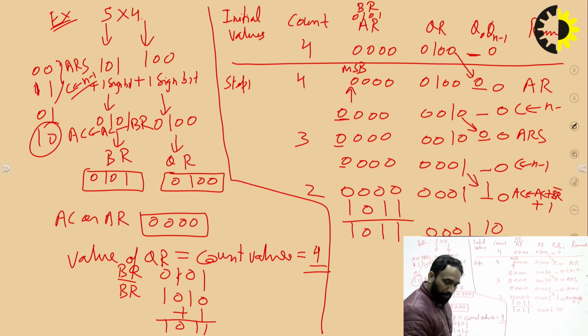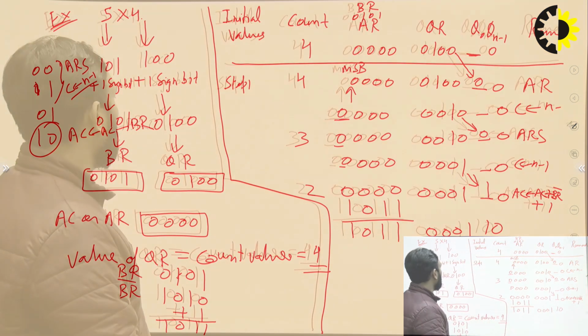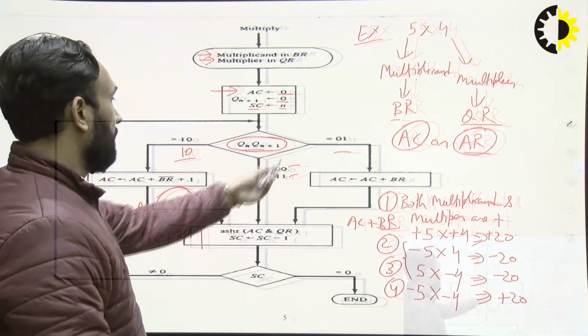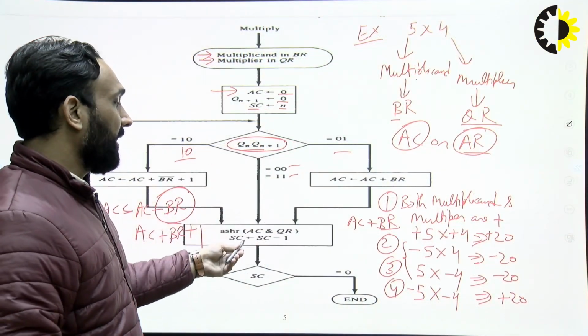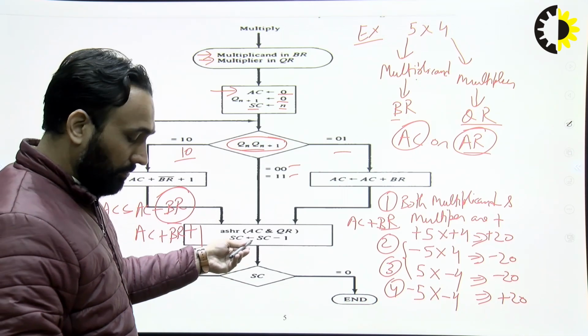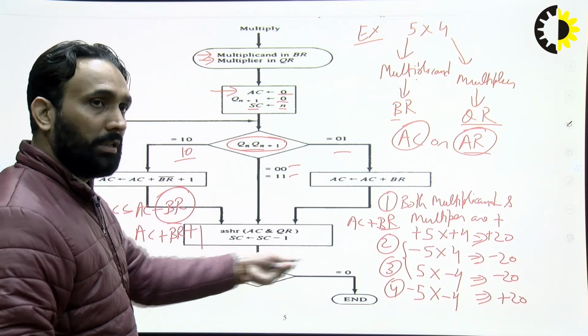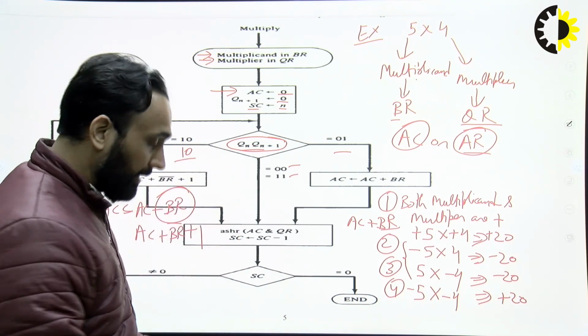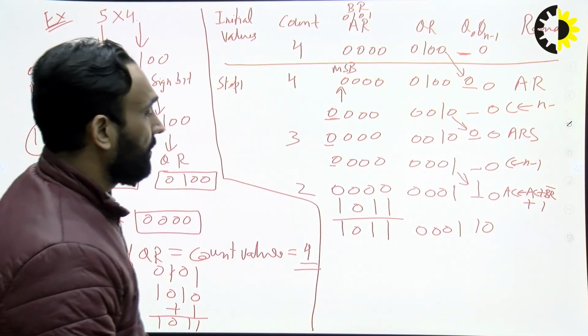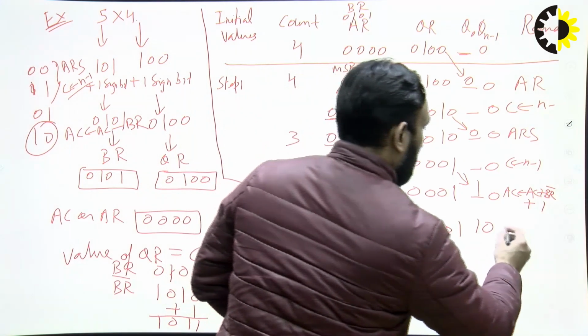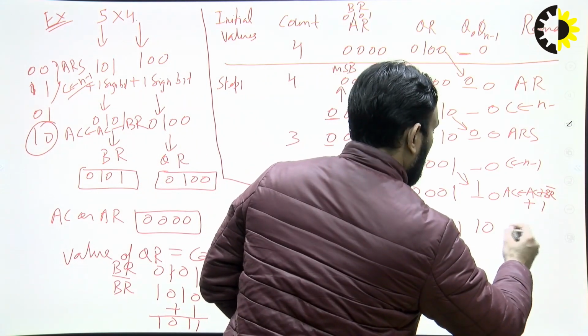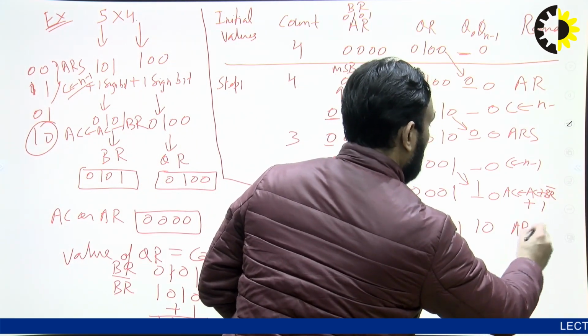If we remember the flow chart, we will again go to the arithmetic right shift, then make the counter value minus 1 and check if it is 0, terminate the loop, otherwise repeat the iterations. So now we will perform here arithmetic right shift.